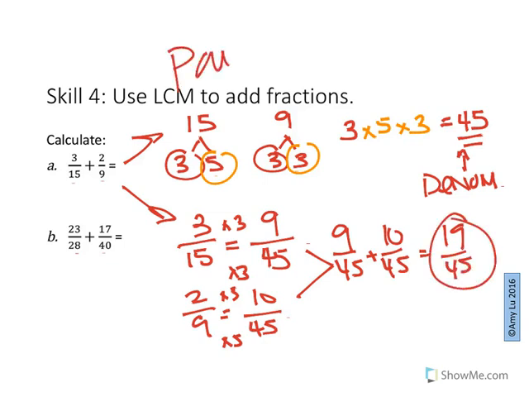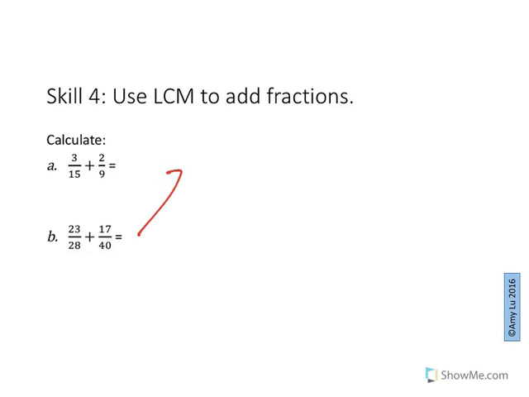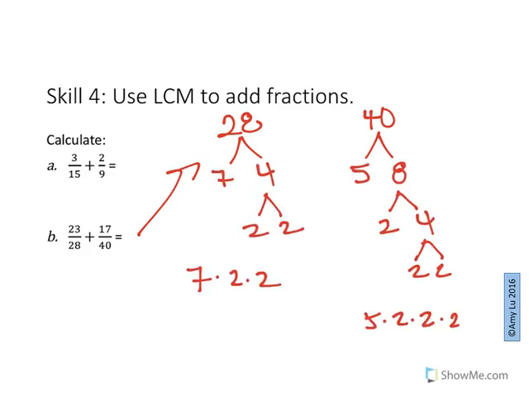So now can you try B? All right, so let's break this apart. 28 and 40. First of all, let's find their lowest common multiple. So here are the prime factors.